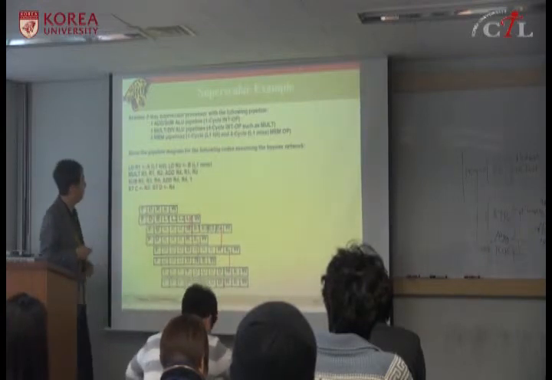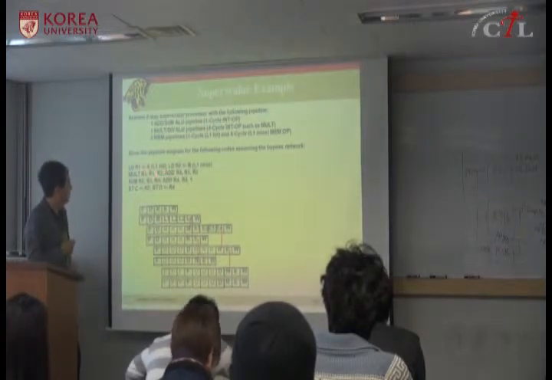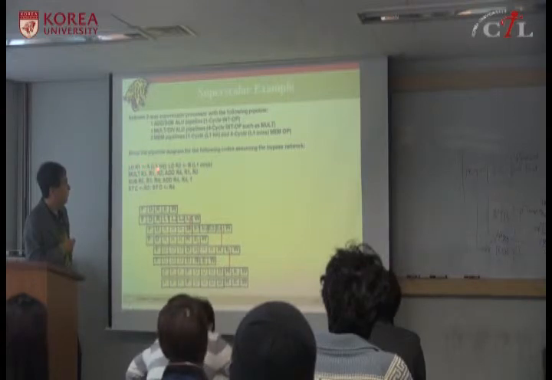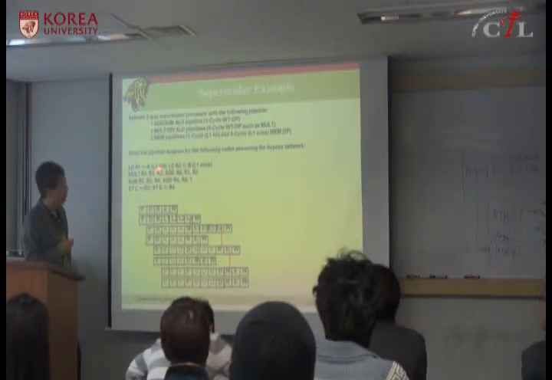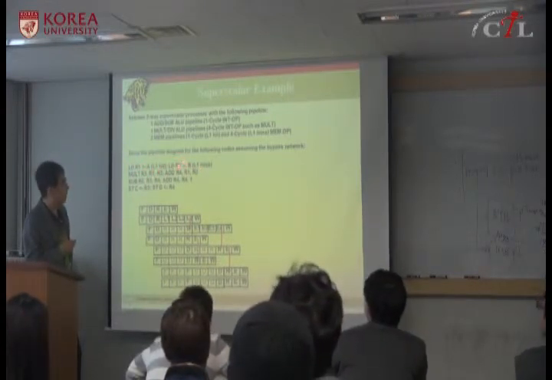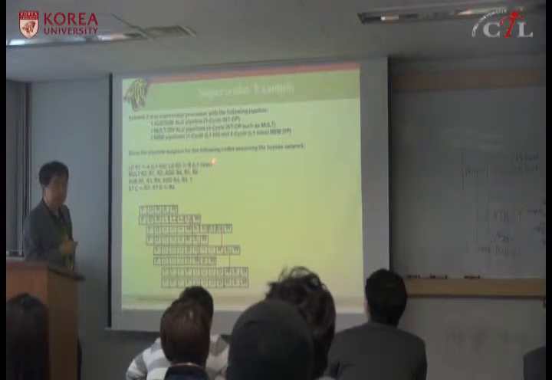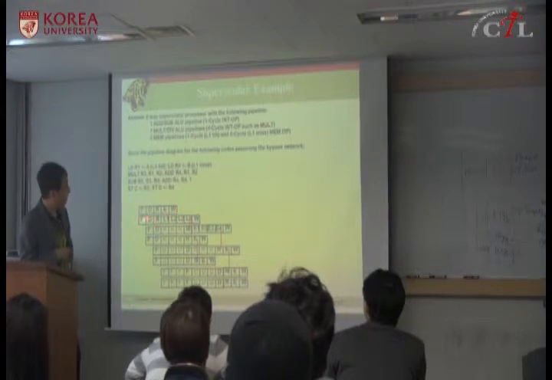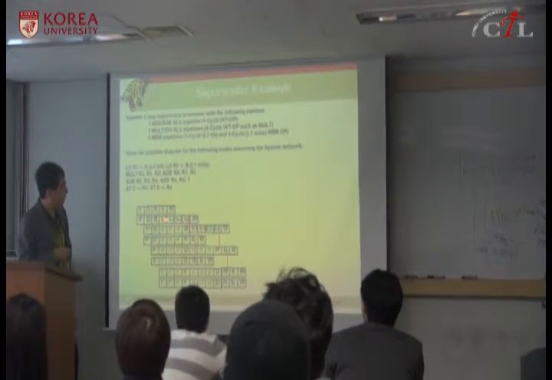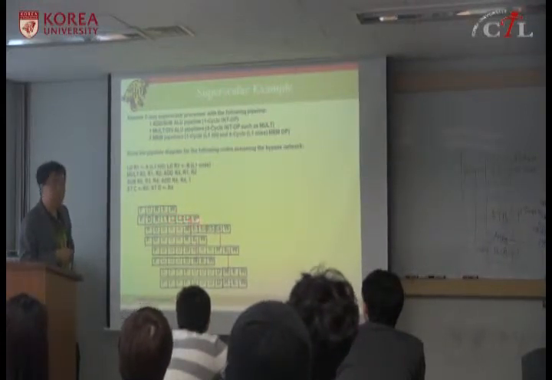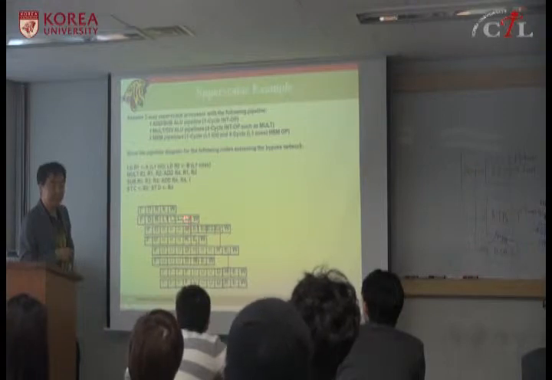Okay? So first 2 loads. The first one is a first level cache hit, but the second load is a miss. Okay? Then the first one takes fetch, decode, read, execute, write back. The second one will miss, and it goes to L2, L2, L2, and write back. It takes 4 cycles. Okay?